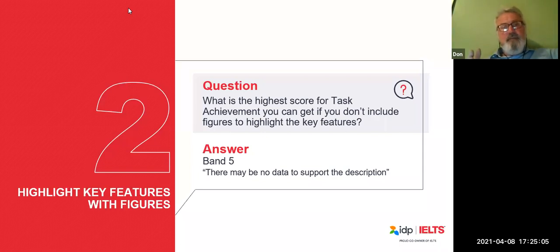And this is a problem. It's a big penalty. They may get 8 for coherence and cohesion, 8 for lexical resource, 8 for grammatical range and accuracy. But they forgot numbers. So they get a 5 for the first criterion. Don't do that.